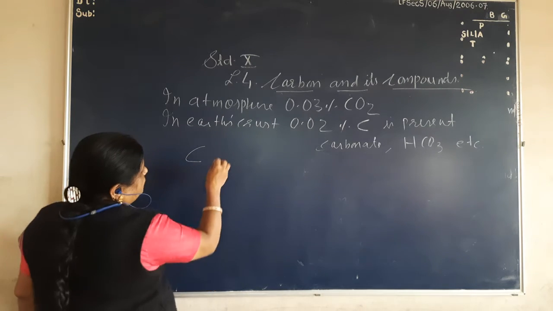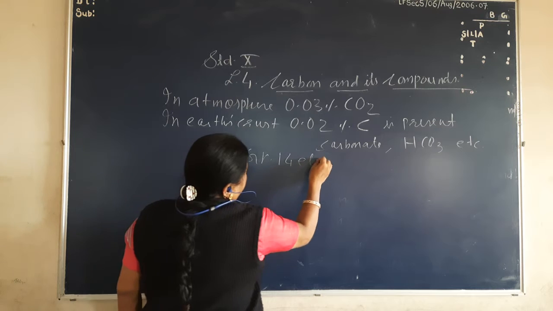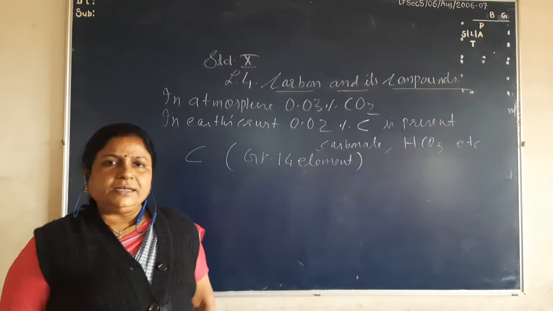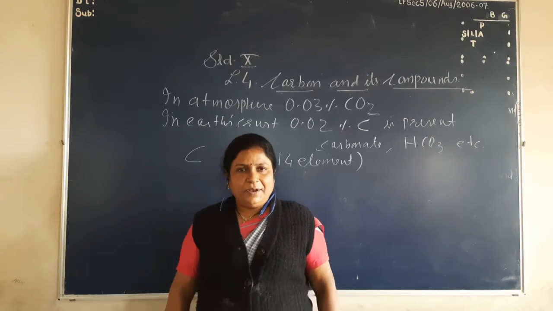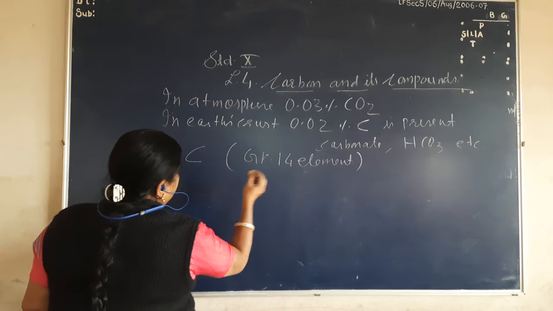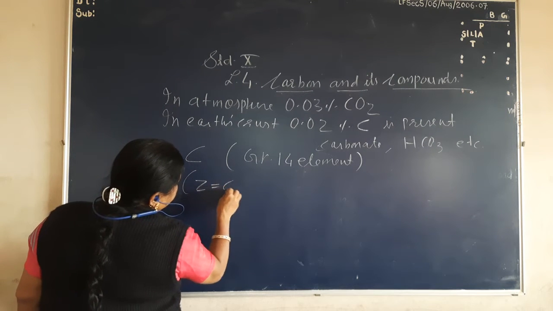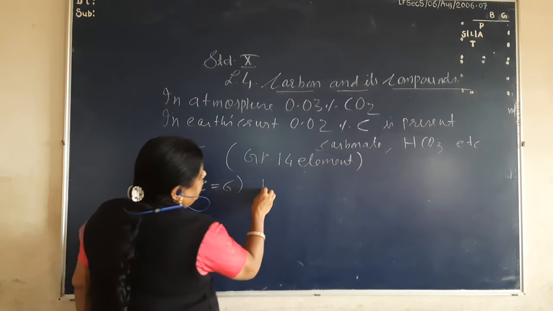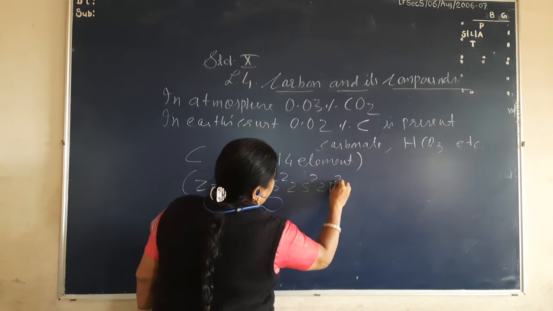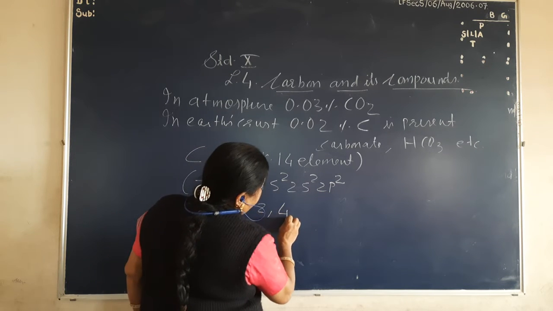If we talk about carbon, it is a group 14 element. In the periodic table you must have seen there are 18 groups. Carbon is a group 14 element, and its atomic number Z is equal to 6. Its configuration we write as 1s2, 2s2, 2p2, or it may be written as 2, 4.